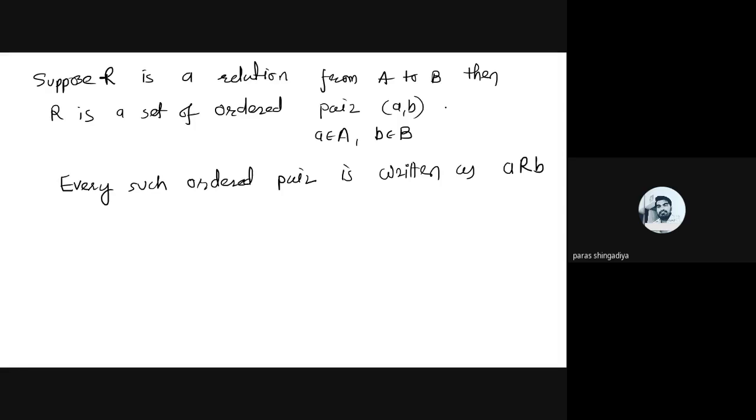If (a, b) belongs to R, then the other way to define it is aRb, and it is read as a is related to b.